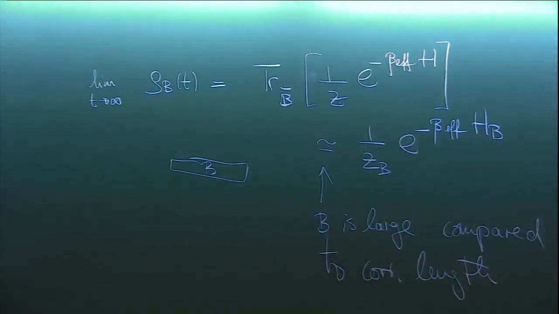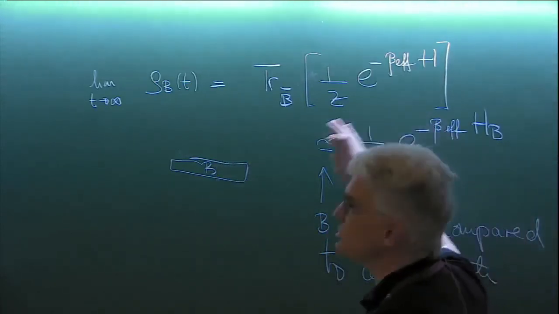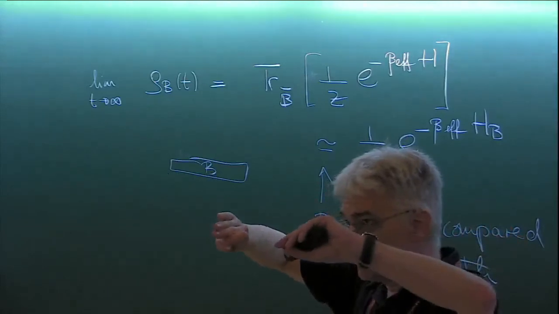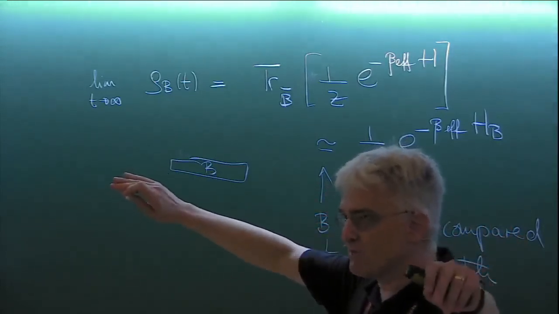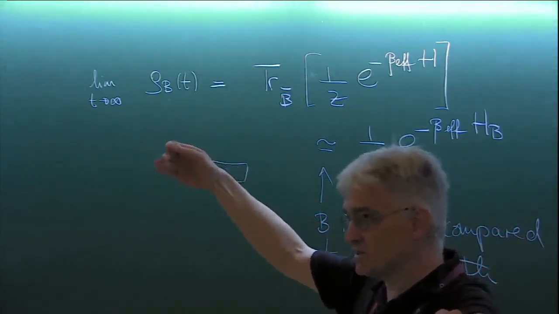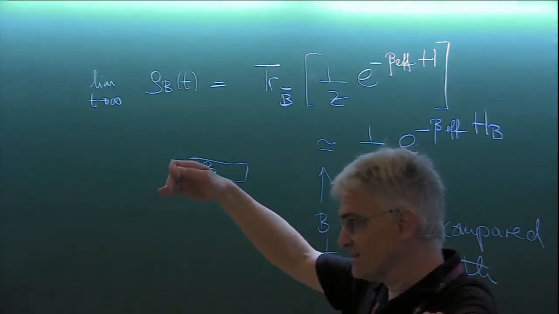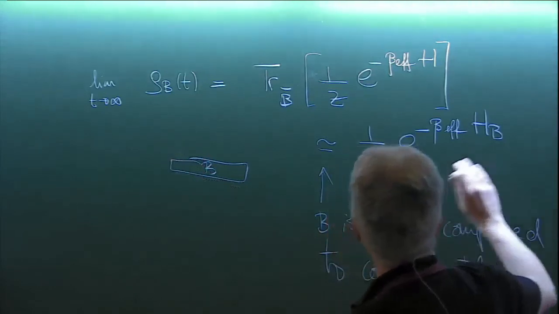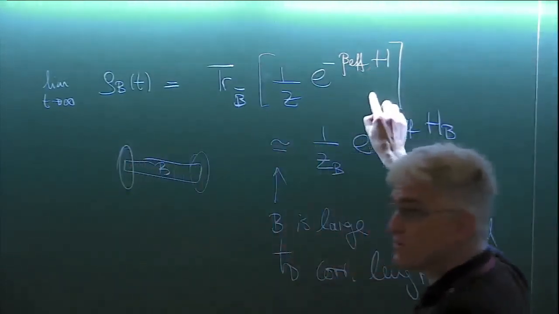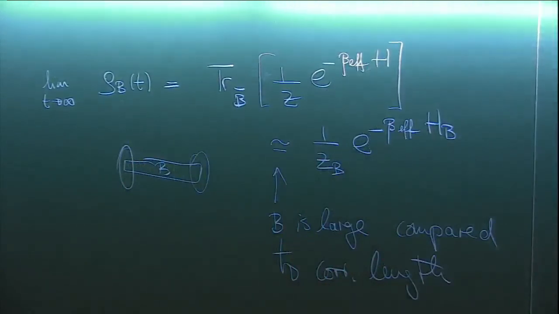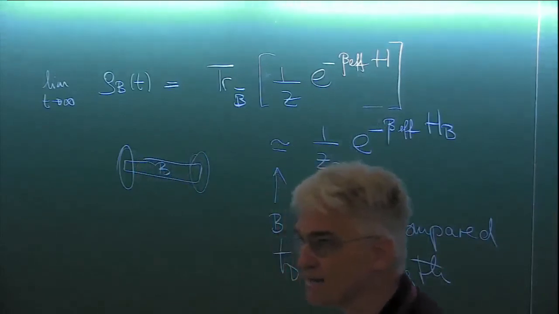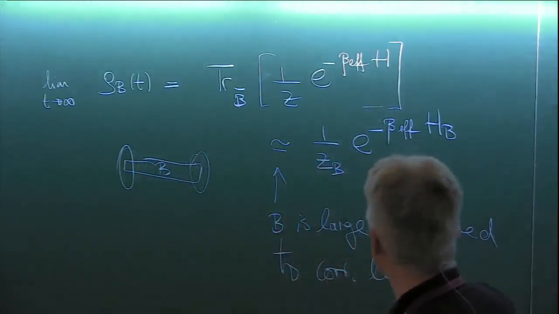And where does this come from? Think of a path integral. What you do is you integrate out the degrees of freedom outside your subsystem, but you have a finite correlation length. So integrating out the degrees of freedom outside will affect only the boundary region of this reduced density matrix. But inside, you basically don't modify the operator that you have there.